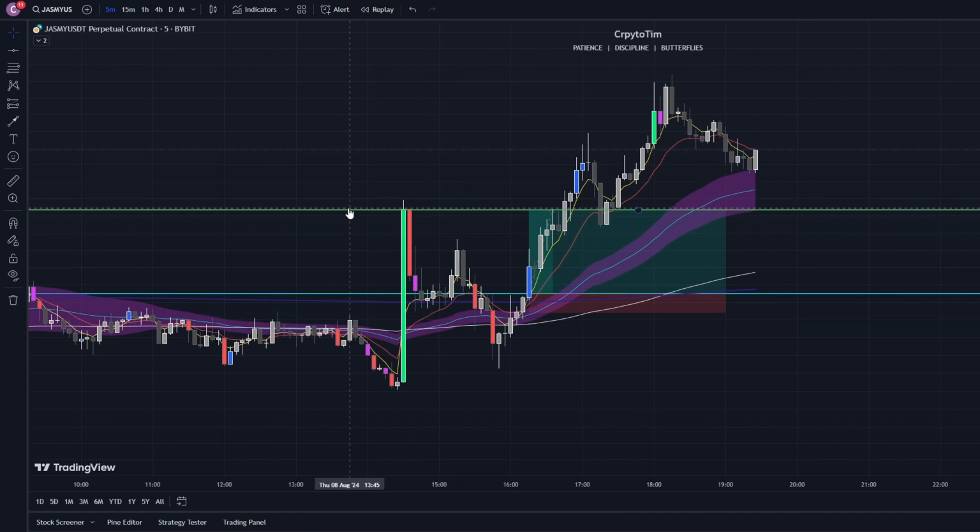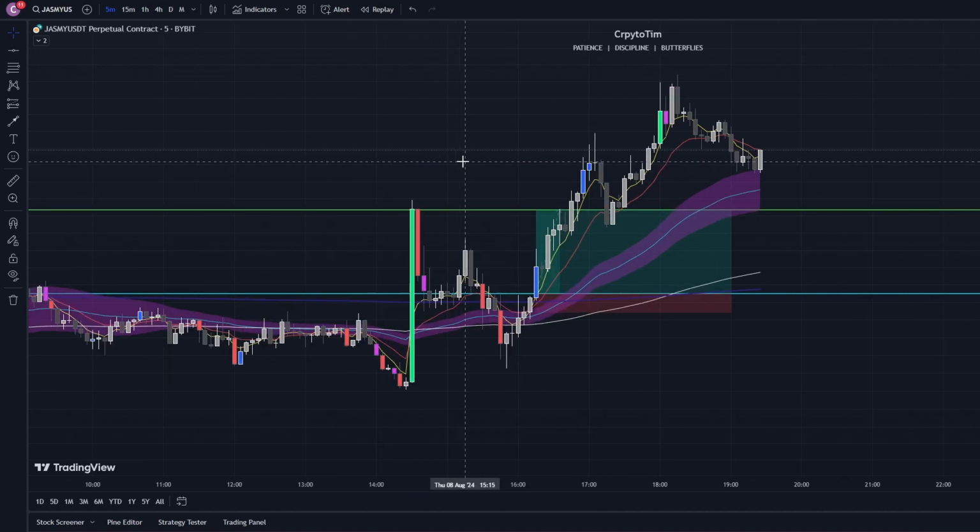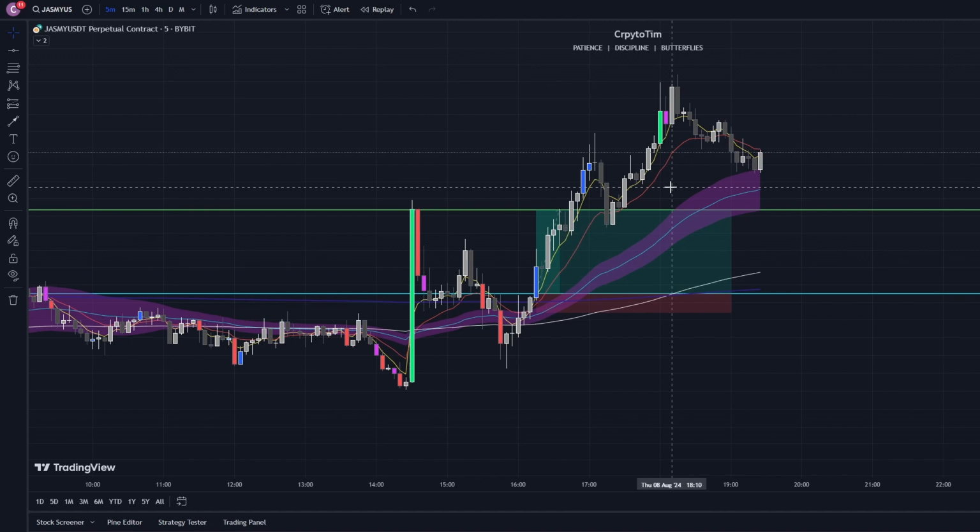So this is also pretty much a play on liquidity, so people going long all the way here, they're getting stopped out and liquidated. People going short all the way here, they're getting stopped out and liquidated. So it's always the retail traders that they are hunting on and taking as liquidity.